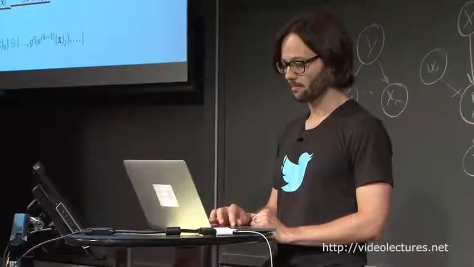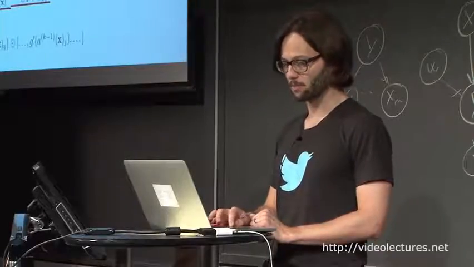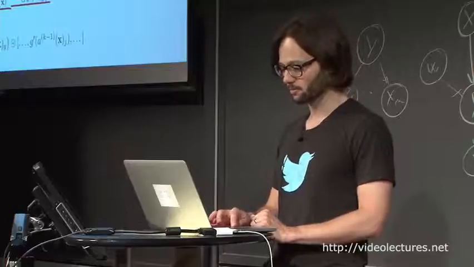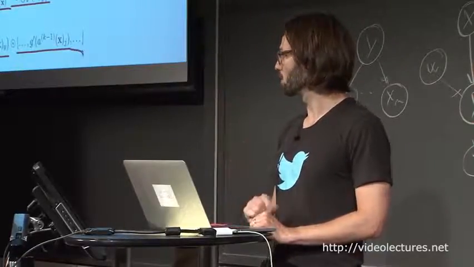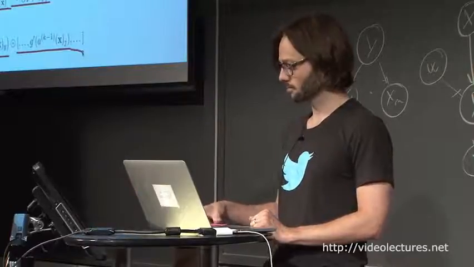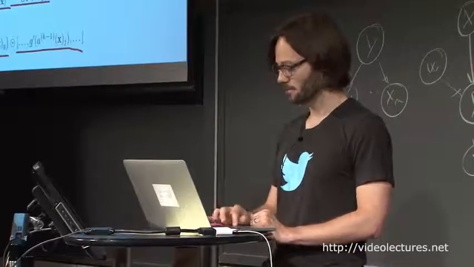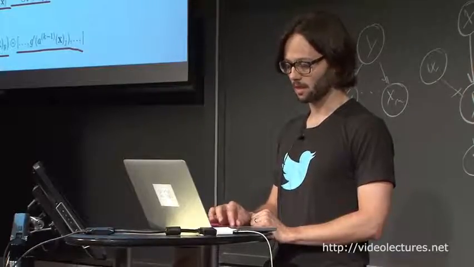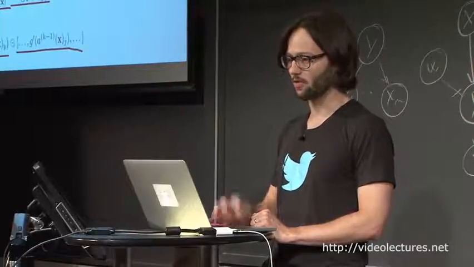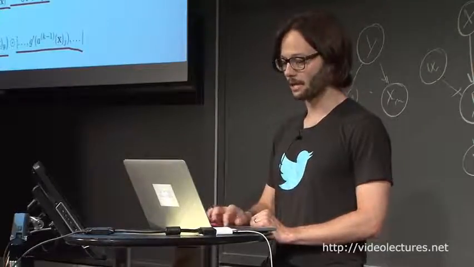Simple operation. And then next, I take what I just computed, the gradient on the activation, and I do an element-wise multiplication with the derivative of the activation function. Again, another simple computation. And that gives me now the gradient of the loss function with respect to the pre-activation of the layer below.